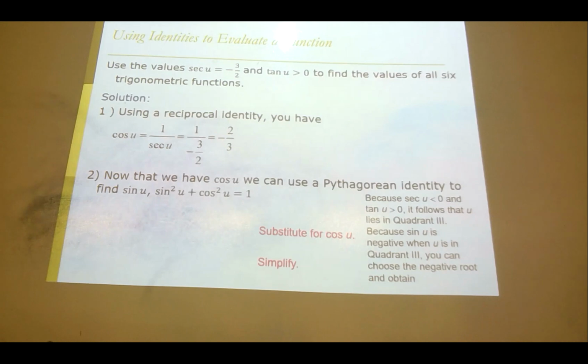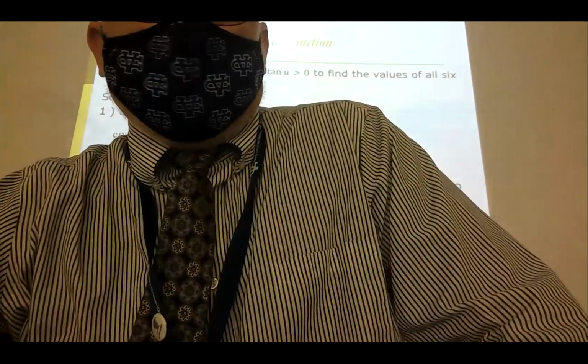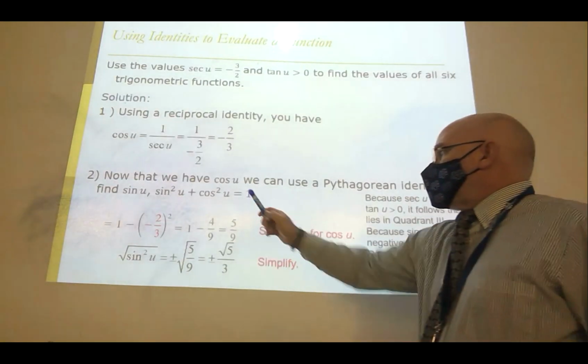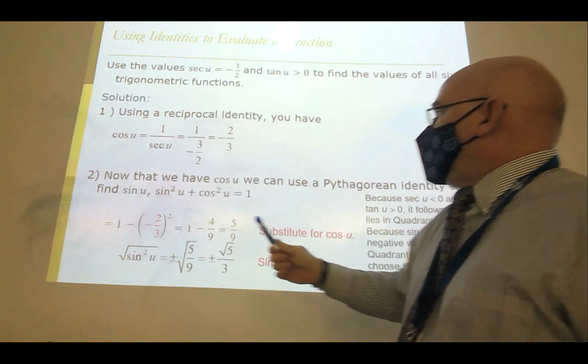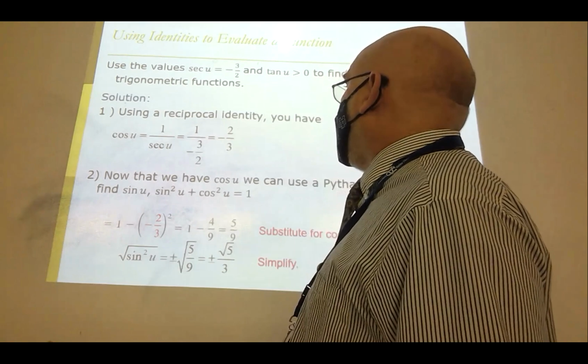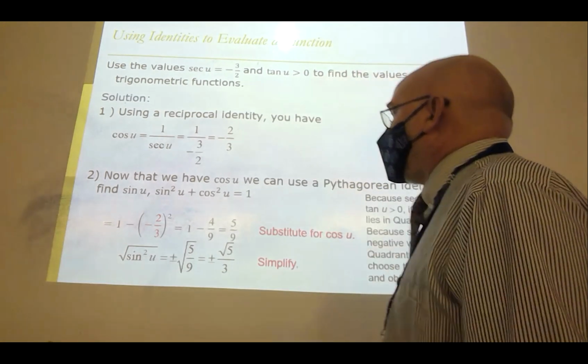Now that we have cosine, we can use the Pythagorean identities to find sine. We could have done it by drawing a triangle, but this is another way to do it. So if sine squared plus cosine squared is equal to 1, then cosine squared is equal to 1 minus sine squared, or sine squared is equal to 1 minus cosine squared.